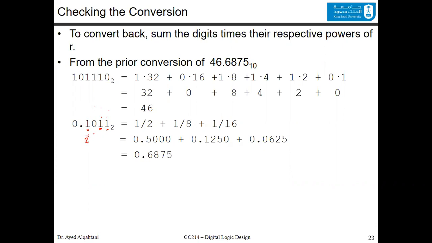It's 2 to the minus 1, 2 to the minus 2, 2 to the minus 3, and 2 to the minus 4. We consider only the ones. So we consider the half, 2 to the minus 1, which is 1 over 2, 2 to the minus 3, which is 1 over 8, and 2 to the minus 4, which is 1 over 16. You get the value for each one of them. You add them together, it becomes the fraction that you have. This is the way to confirm that your conversion is correct.